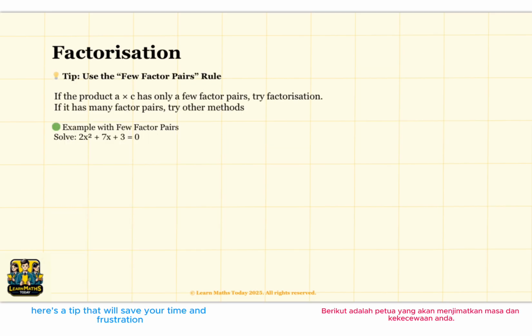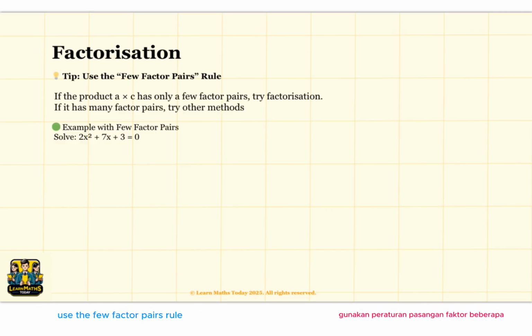Here's a tip that will save you time and frustration when you have to decide whether to try factorization. Use the few factor pairs rule, meaning if the product a times c has only a few factor pairs, factorization is probably a good bet. But if you have many factor pairs, you might need to consider other methods that we will go through later.